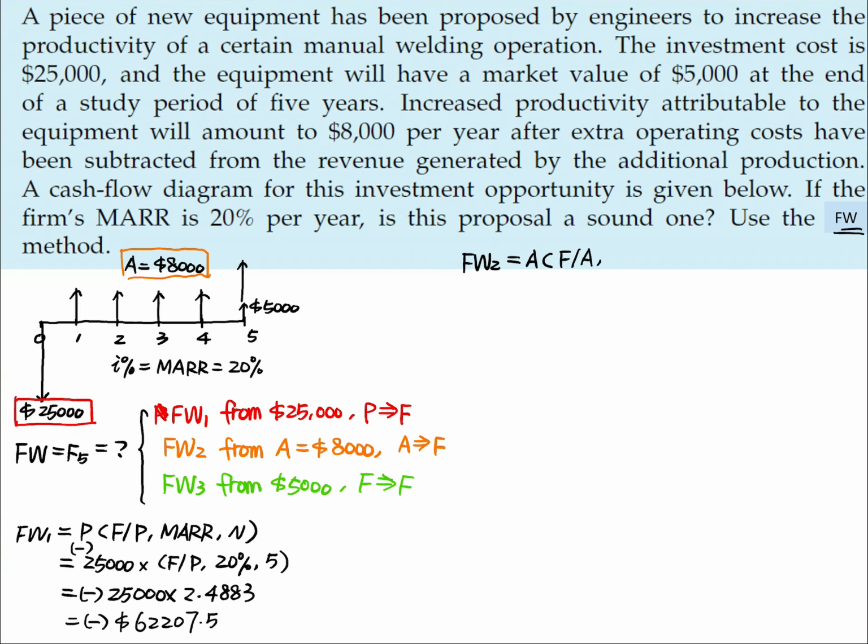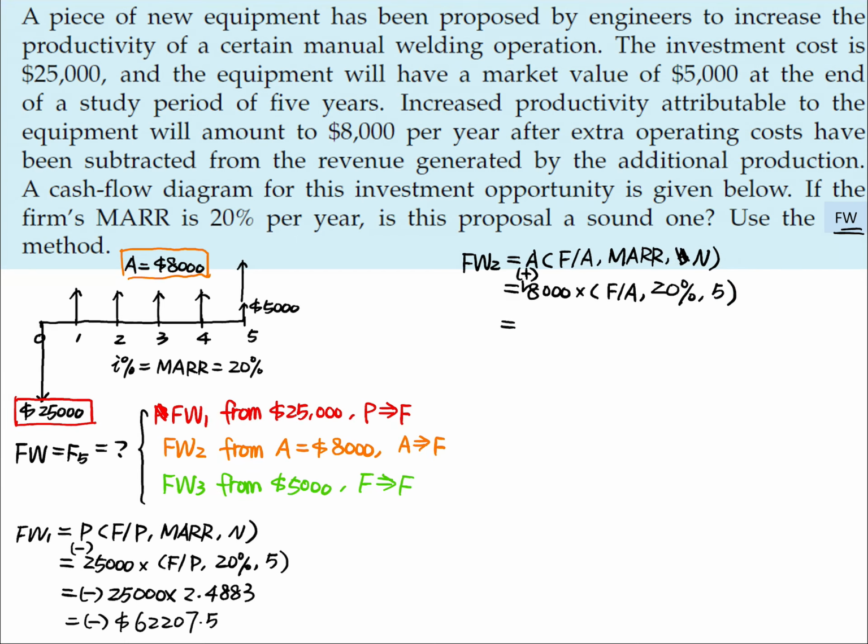FW2 is to convert annuity to a future value. So the equation is A times find F given A, MARR, number of N. A in this case is 8,000, and because this is a receiving, it is a positive symbol.